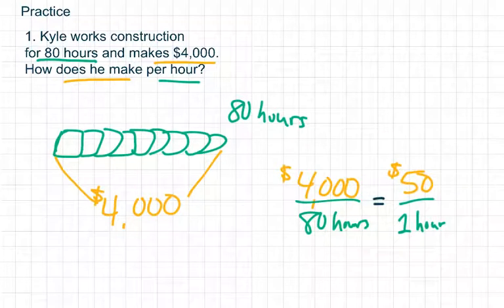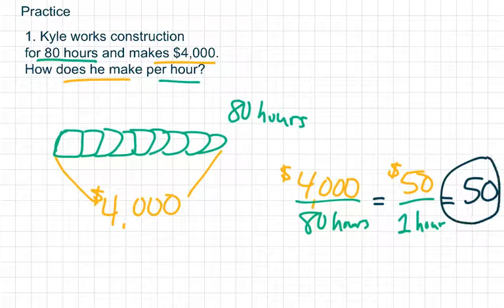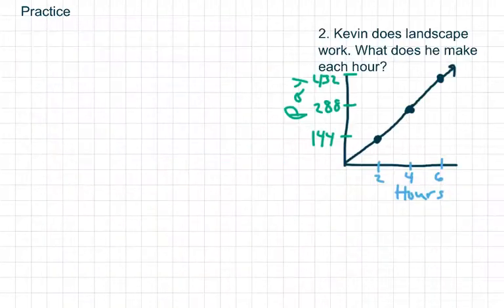And when I simplify that, when I divide 4,000 divided by 80 hours, I'm going to get $50 per 1 hour, meaning that my unit rate here is 50, or the slope if I had a line would be 50, and it's increasing by 50, so it's positive. So he's making $50 per hour.